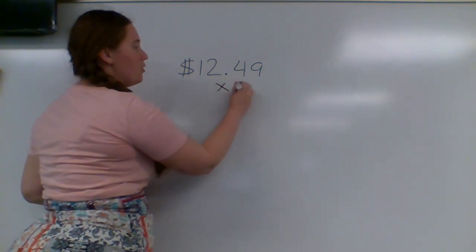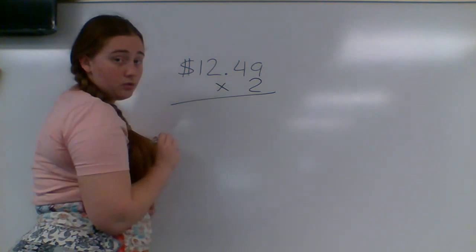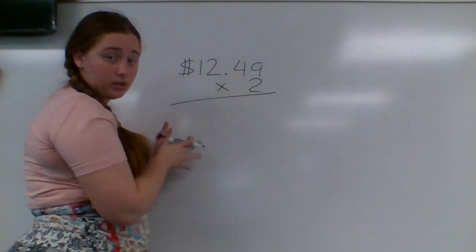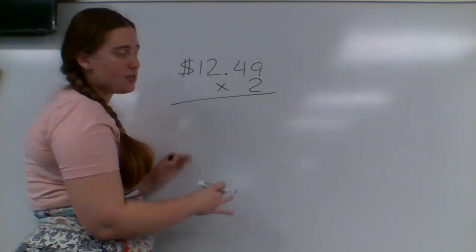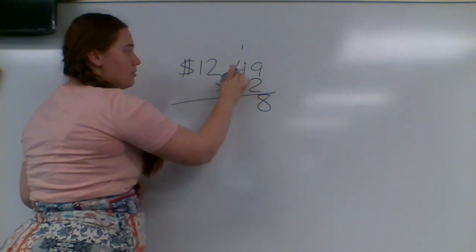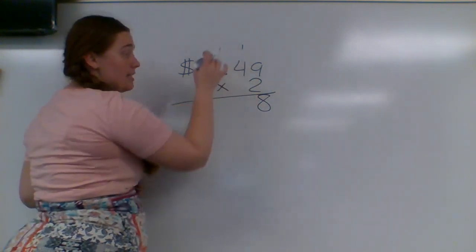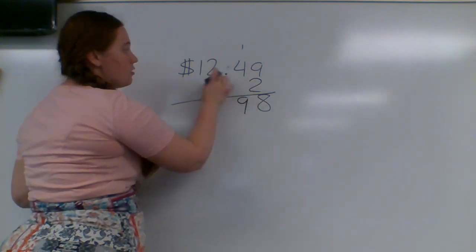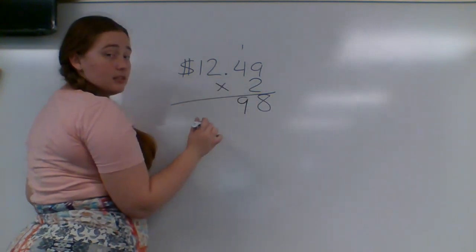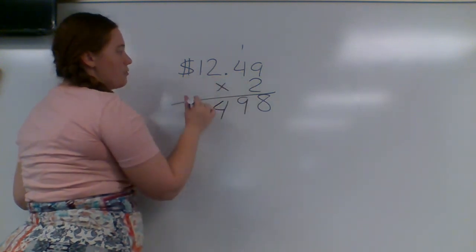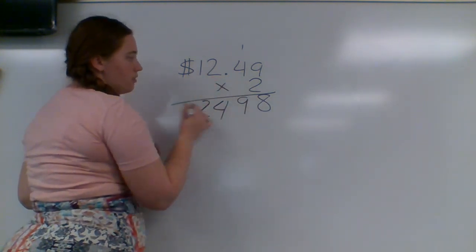So I'm going to multiply by 2, and that will give me how much it cost altogether for the rose bushes. So 2 times 9 is 18. 2 times 4 is 8, plus 1 is, right, 9. 2 times 2 is 4. 2 times 1 is 2.